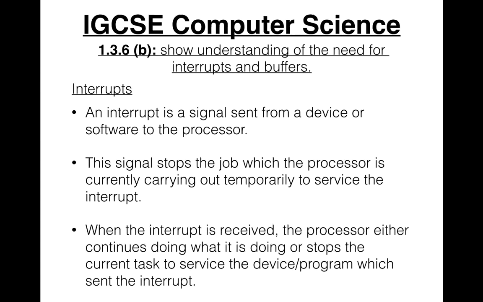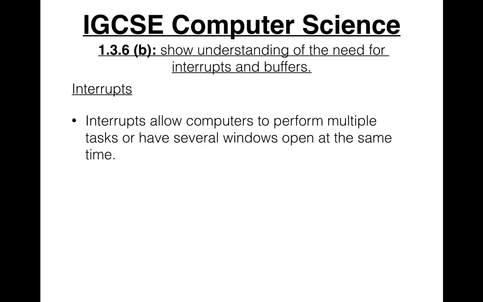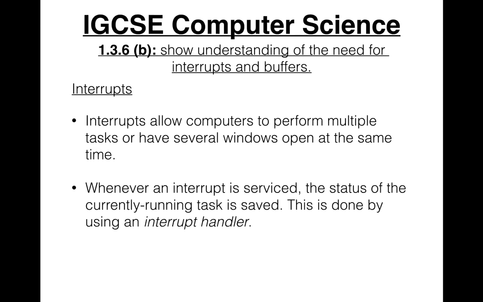So when the interrupt is received, the processor either continues doing what it's doing, like the person working just ignores the other person and says, nah. Or it can stop the current task to service the device or program, or in the example, the person which sent the interrupt. Interrupts allow computers to perform multiple tasks, or to have several windows open at the same time.